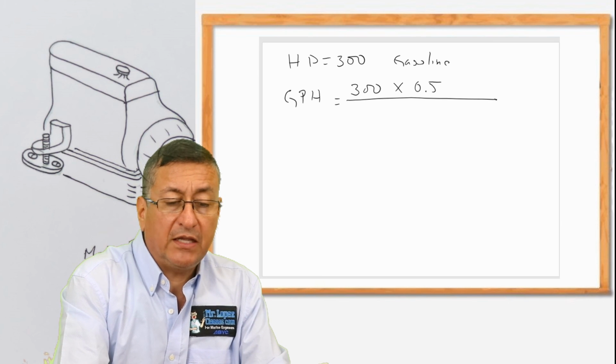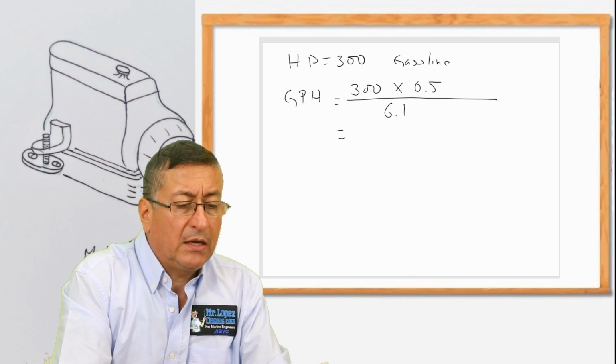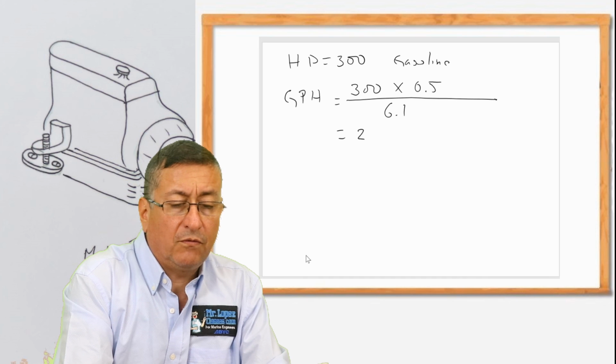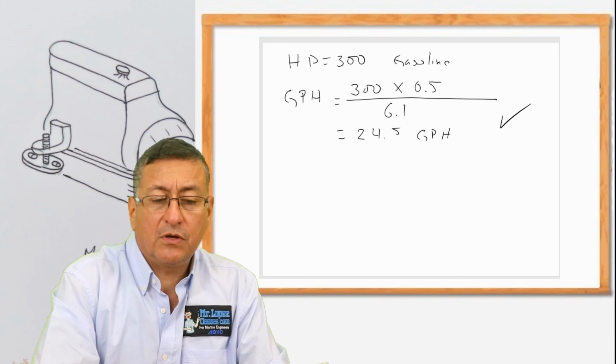And we are going to divide it by the weight of the gasoline, which is 6.1. According to that formula, it is 24.5 gallons per hour. This is the consumption of that engine.